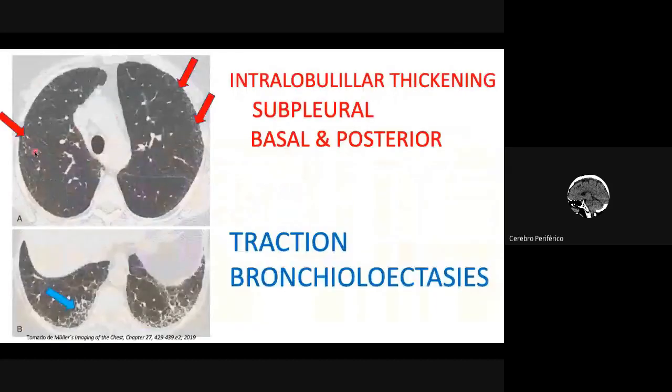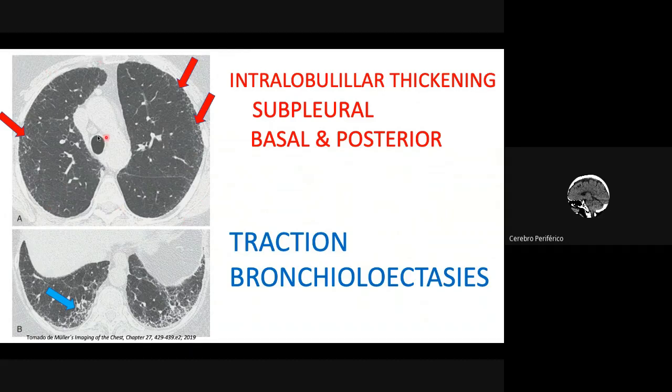So then here we have the appearance of the disease in the high resolution CT. In this patient who was complaining of dyspnea, shortness of breath, we ended up seeing this pattern. We can see here interlobular thickening, especially subpleural, always basal, as you see in this cut in the axial axis.